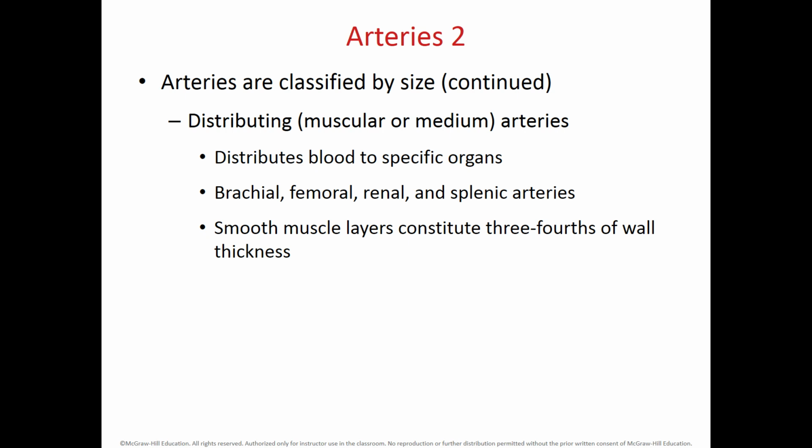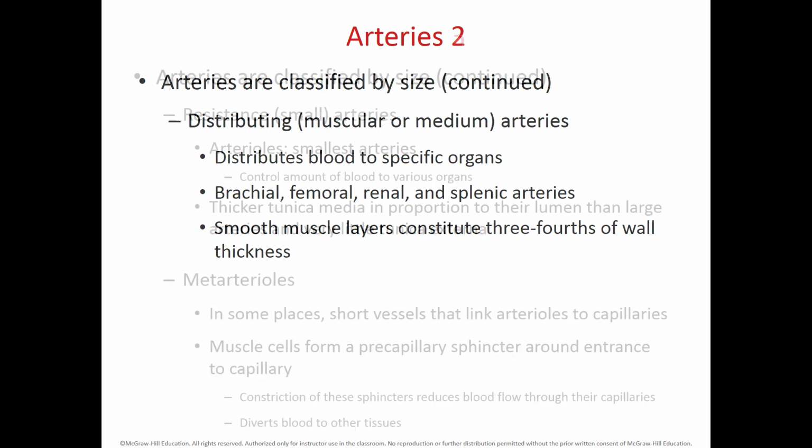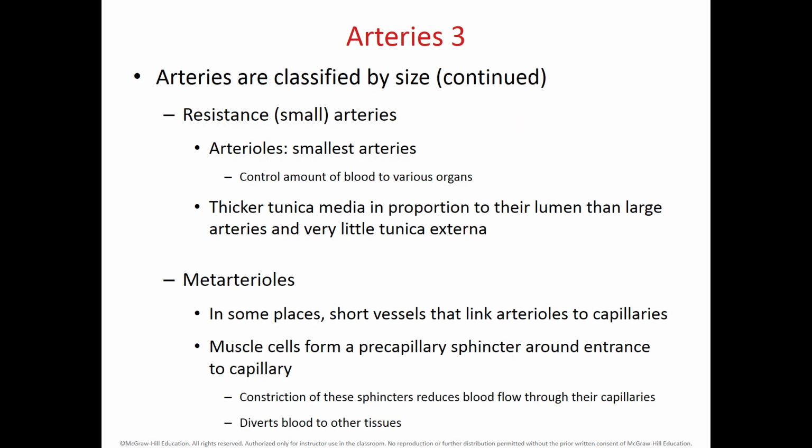We have renal, which distribute the blood into the kidneys, splenic arteries, which distribute the blood into the spleen. And then one characteristic about these medium-sized arteries is that they have a smooth muscle layer that almost makes 3/4 of the wall thickness. That's why they're called muscular.